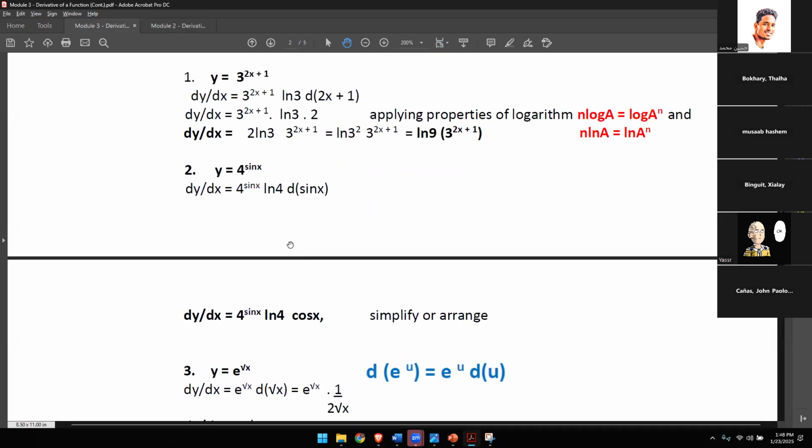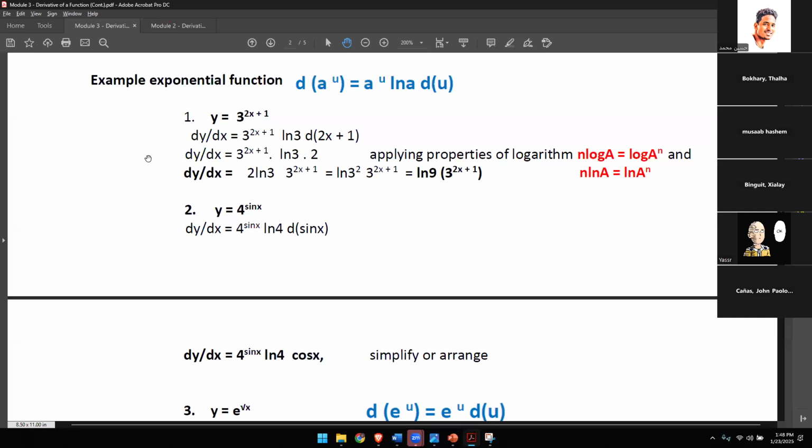If we go back here, derivative of sine u, which is sine x to be exact, is cosine u derivative of u. So let's see what will happen. Derivative of sine x is cosine u, where u is x, and then derivative of x is equal to 1 to be exact. So cosine x, derivative of x is 1. As to y, it's still cosine x.